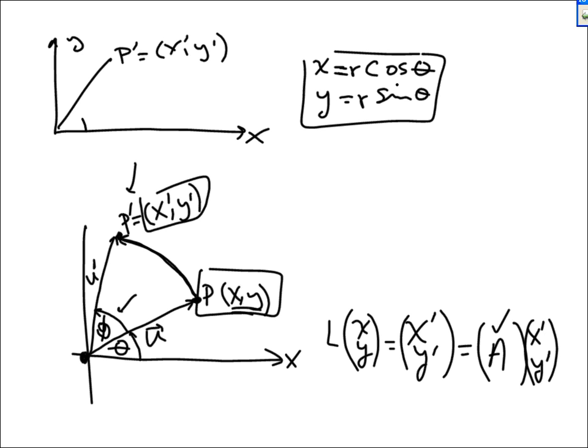What is this angle? Well, let's look at the lower graph. Never really touched that one, nor will we. The angle of vector u prime is theta plus phi.